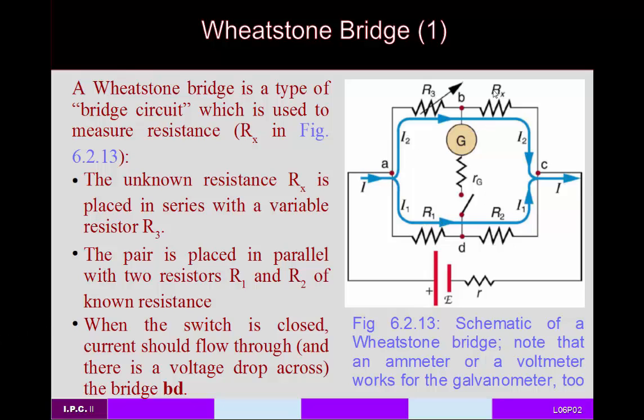You place R3 and Rx in series, so that the variable resistance and the unknown are in series together, and those are in parallel with the series combination of R1 and R2. Then you create a bridge, and the bridge consists of the galvanometer, which has some internal resistance, connected so that it runs from point B to point D.